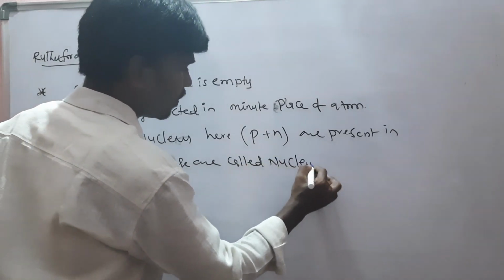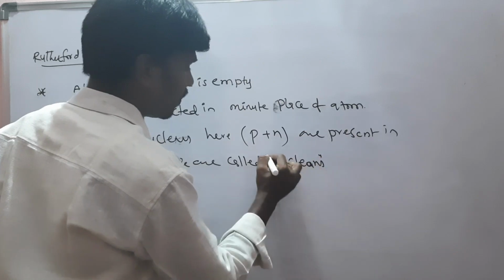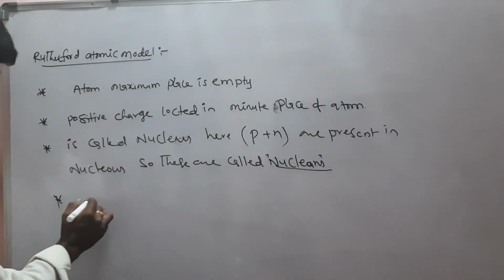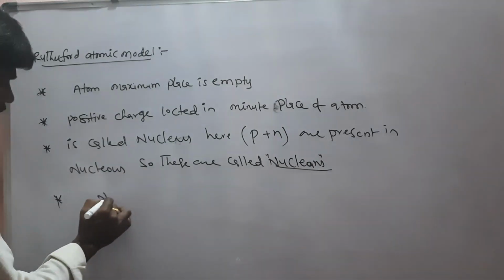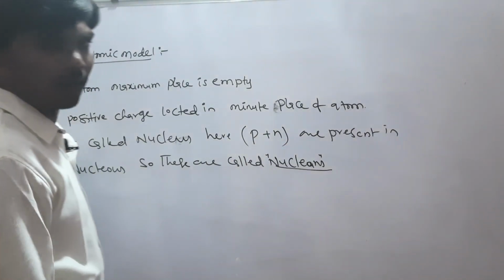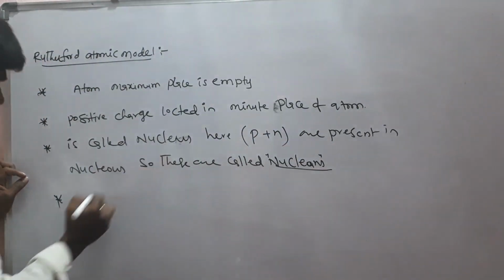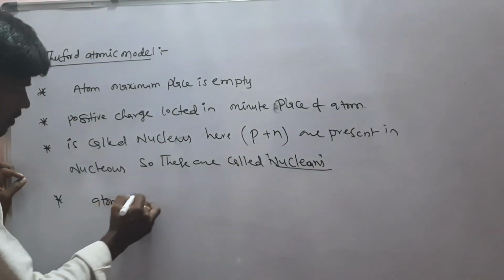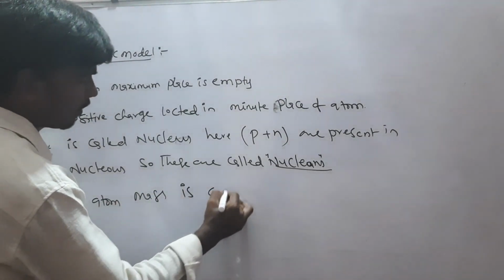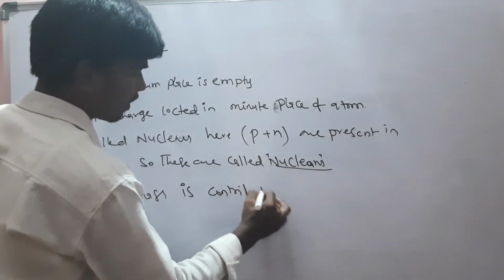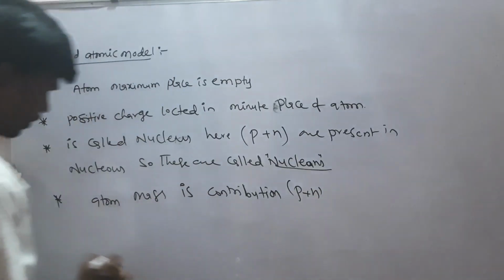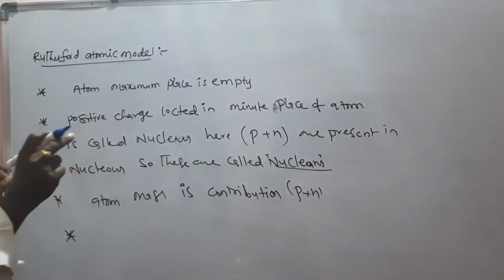These are called nucleons because they are present in the nucleus. The nucleus has protons and neutrons, and the sum of protons plus neutrons is called the mass number. So the atom's mass is the contribution of protons plus neutrons. Here the nucleus radius is very small.